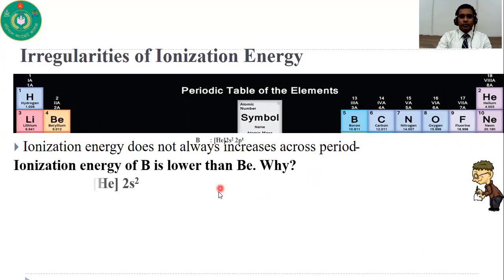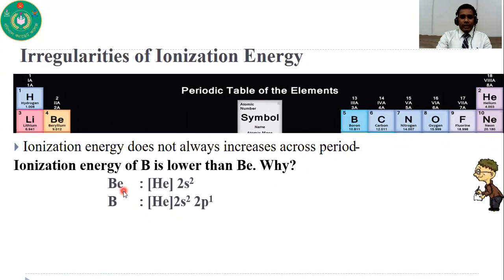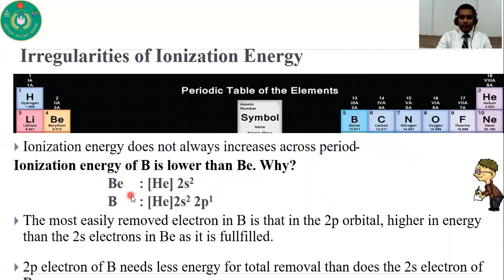So, why? Because beryllium's atomic number is 4, its electronic configuration is helium 2s2, and in the case of boron, its atomic number is 5, so its electronic configuration is helium 2s2 and 2p1. You can see that in beryllium there are 2 electrons in the 2s orbital, and in boron there is 1 electron in the p orbital.